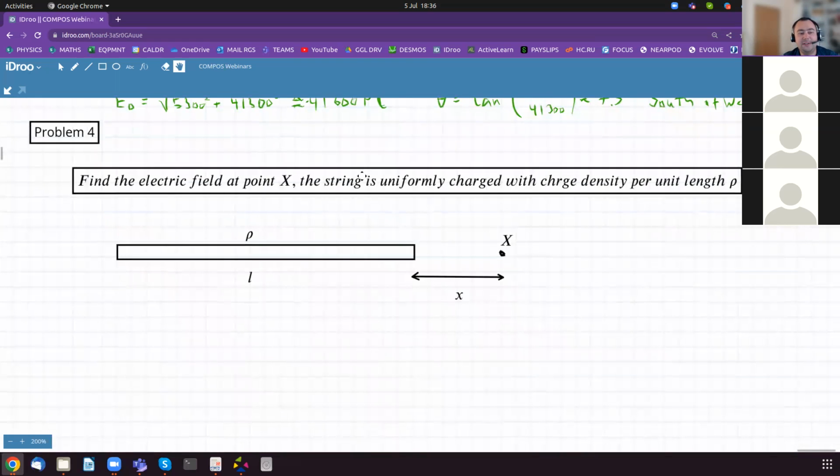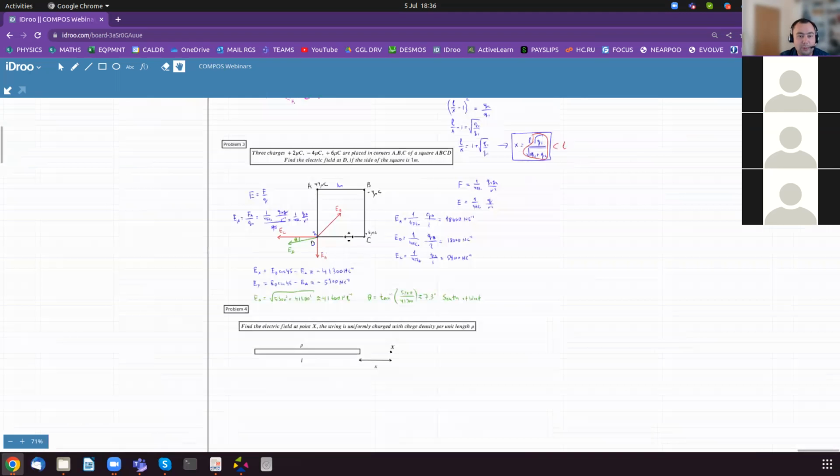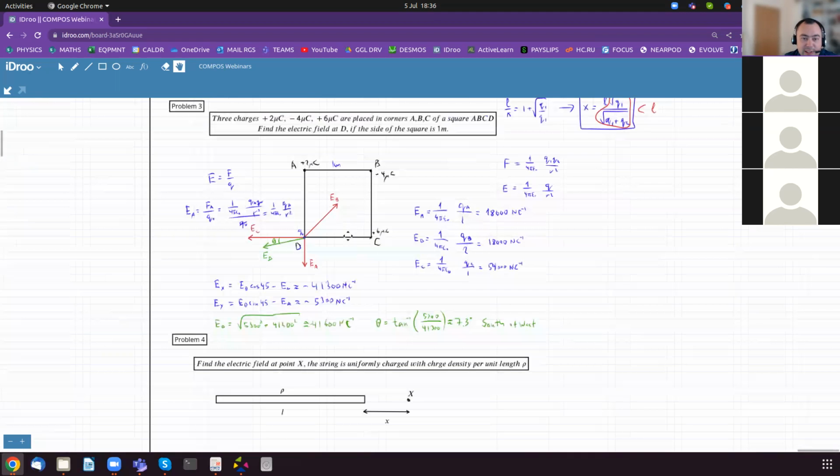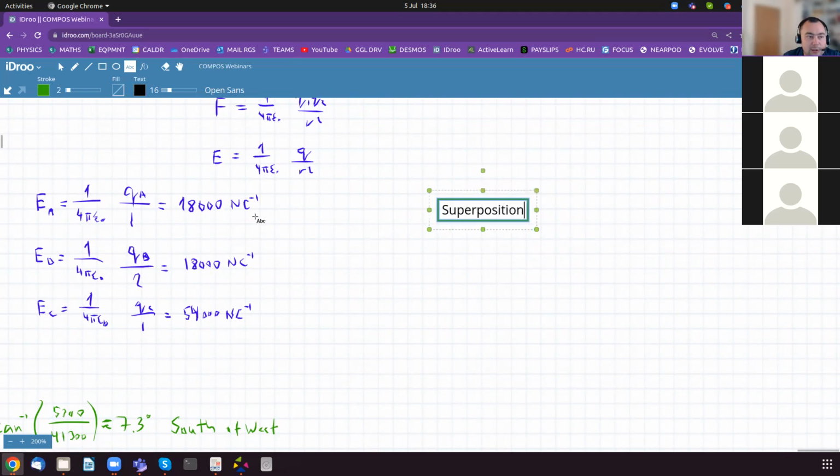Find the electric field at point X. Sorry. So here we used the principle of superposition. The principle of superposition says that the total electric field is equal to the sum of individual electric fields.